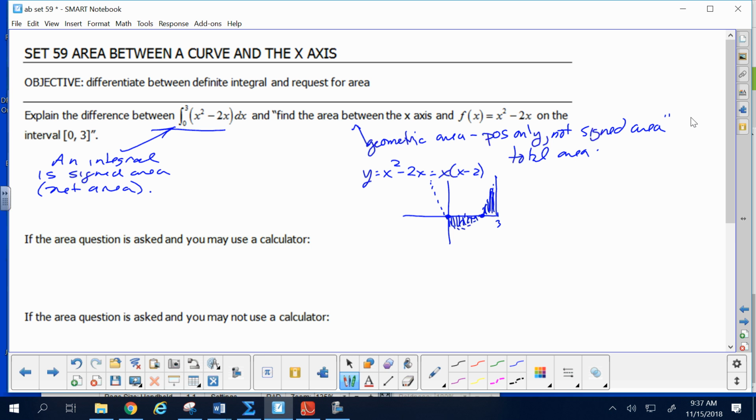Now, in terms of the two questions, though, the two questions would be looking for two different things. The integral from 0 to 3 is the net area. So it would be like the positive area take away the negative area, and it would be something small, I would imagine.